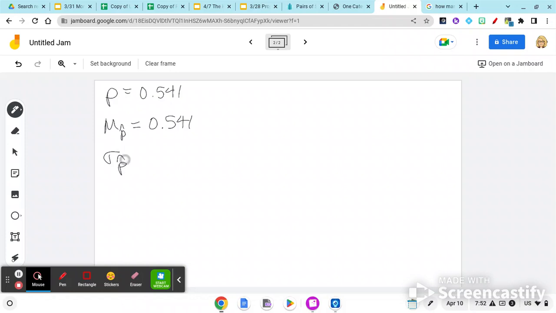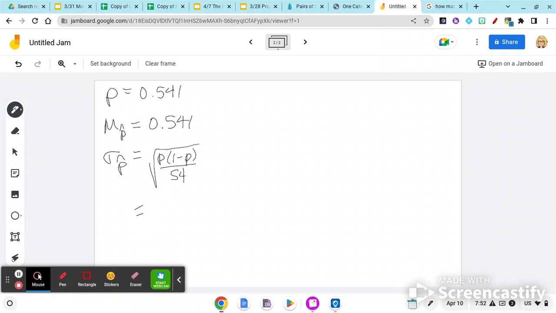And our standard deviation of p hat is going to be that big one. So it's going to be the probability of being in sports times the probability of not being in sports divided by the 54 people in the sample. So I kind of combined some things there.